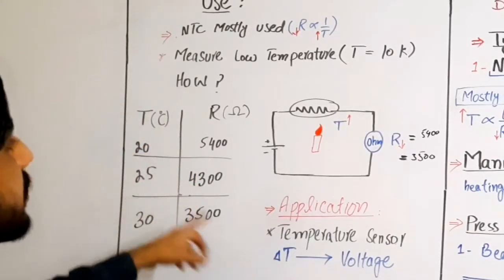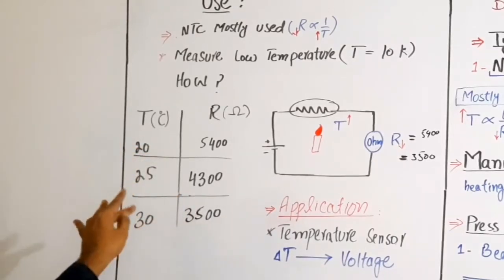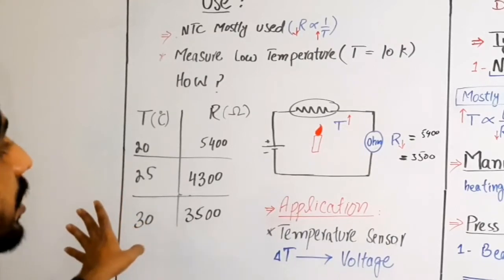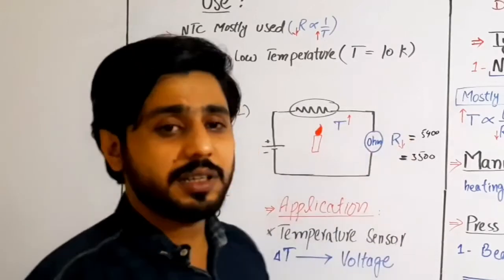Both have an inverse relation. These are the values which are experimental and calculated by an equation or formula. So in this way we can measure low temperature by measuring the resistance.